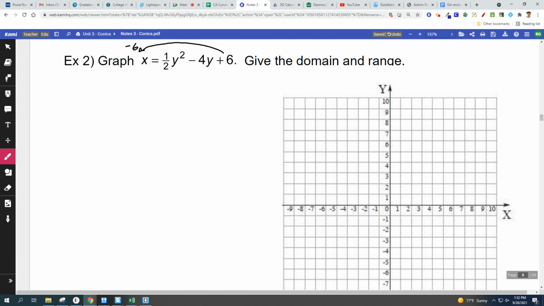You're going to work on the y term because that's the square, but I'm going to see x minus 6 equals 1/2 y squared minus 4y, and I leave that blank space right there. Now this one's tough, don't work ahead. That 1/2 makes this a lot harder than it could be. When we've got that number in the front, what you'll want to do is factor it out.